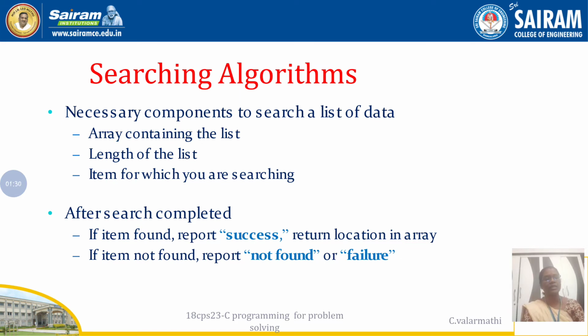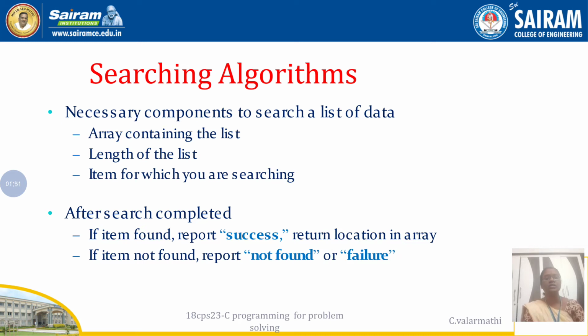Then we have to know the length of that array, that is how many elements the array contains. Then which item we are going to search among the array. So these three are the prerequisites before going for the searching process.